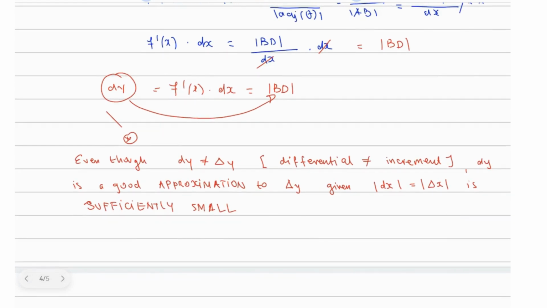So the differential has that feature that it is a good approximation under the condition that dx is sufficiently small.